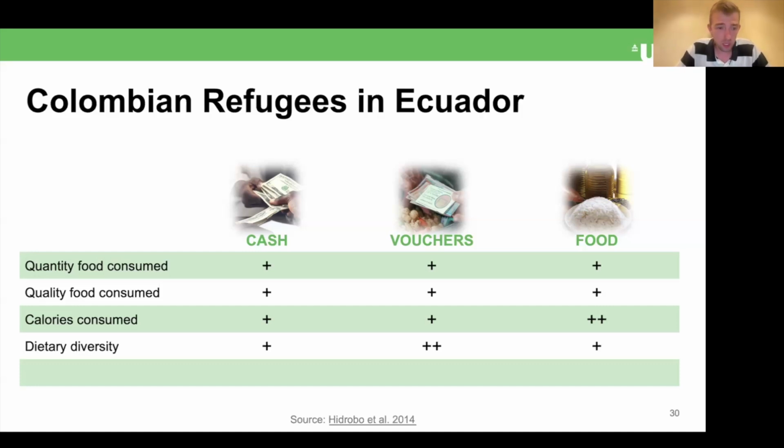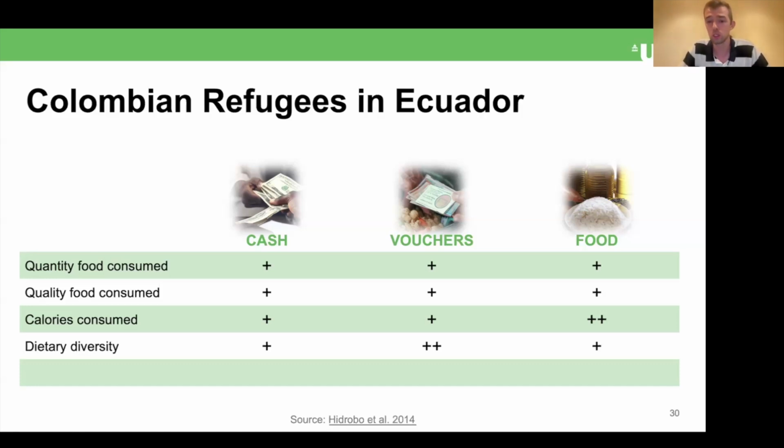The number of calories actually consumed increased most for the program that was just food. Okay, it was positive for both cash and for vouchers, but when just food was provided, they measured that the actual calories consumed increased the most. And then in terms of diversity of the diet, that improved the most under the voucher program.